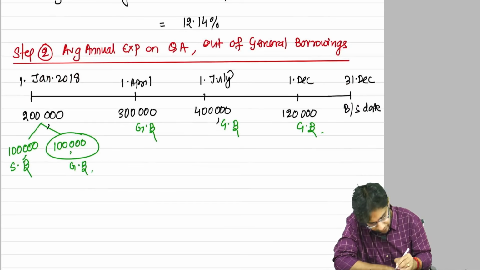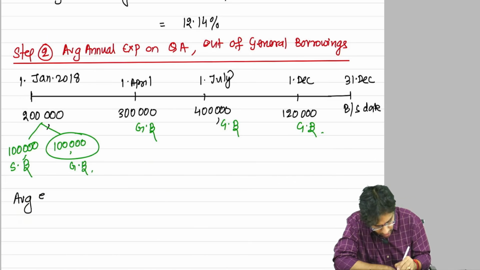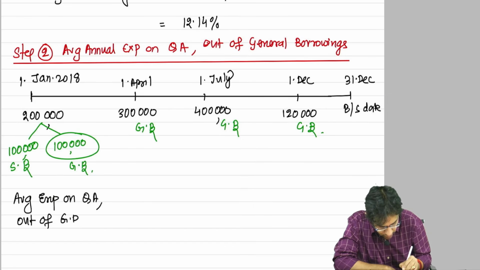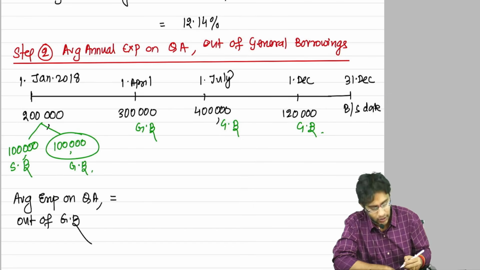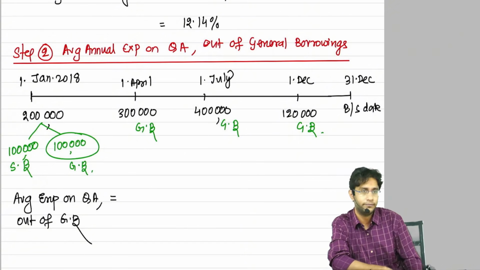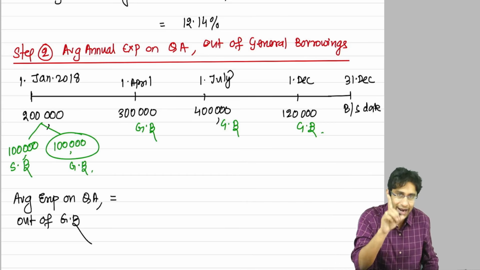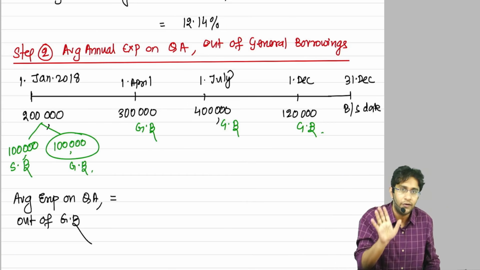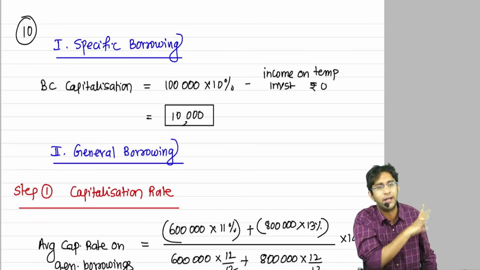Now, average expenditure on qualifying asset out of general borrowings alone I want. Don't be innocent and write 2 lakhs into 12 by 12. That is wrong. Out of 2 lakhs, 1 lakh is specific borrowing for which we already calculated and capitalized.